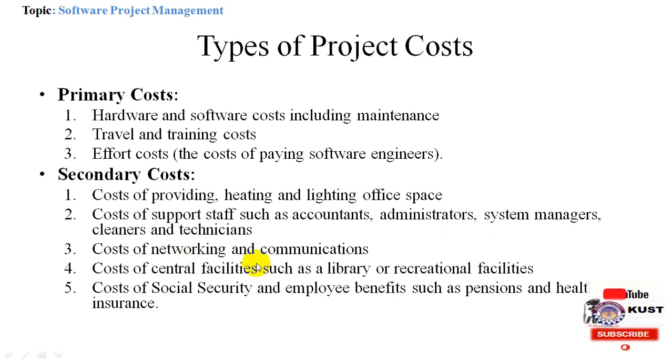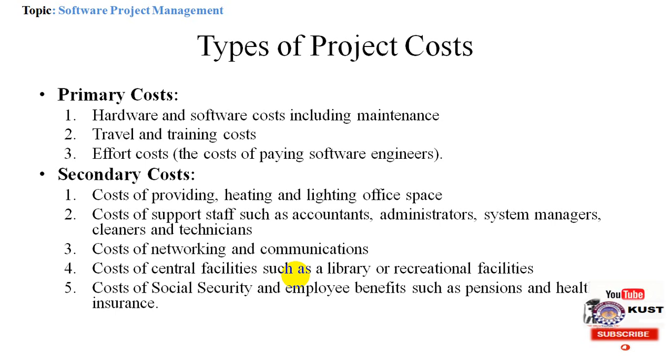Number three, the cost of networking and communication. This is a one-time cost. Networking and communication includes server cost, similarly switches, hubs, and cabling, etc. Number four, cost of central facilities such as library or recreational costs. We also include libraries in software organizations. A library is required for reading purposes, which includes different sorts of books on the technical aspects of projects.